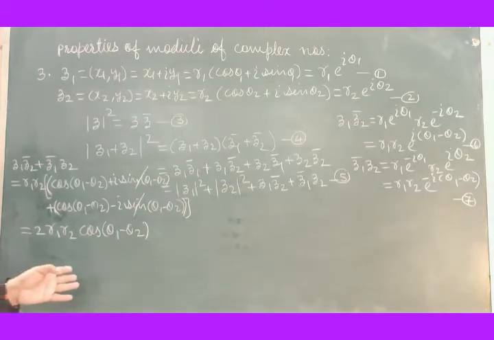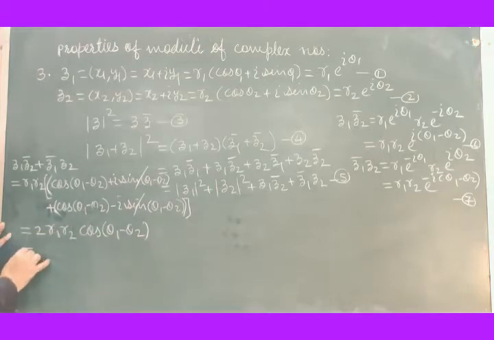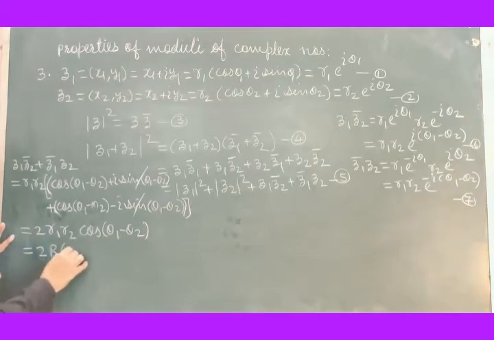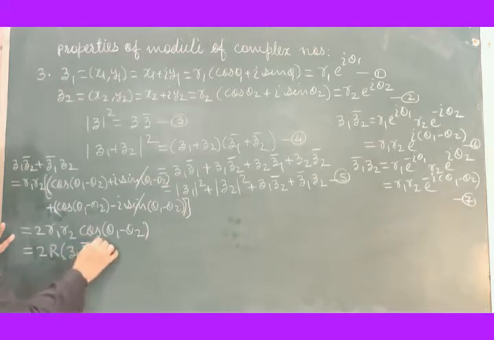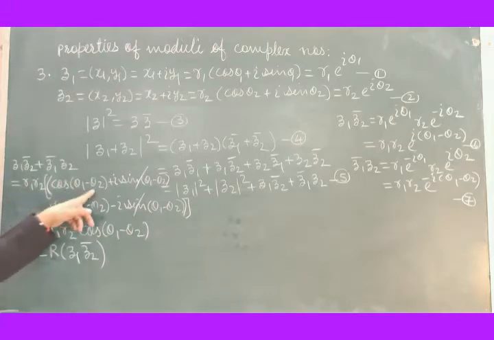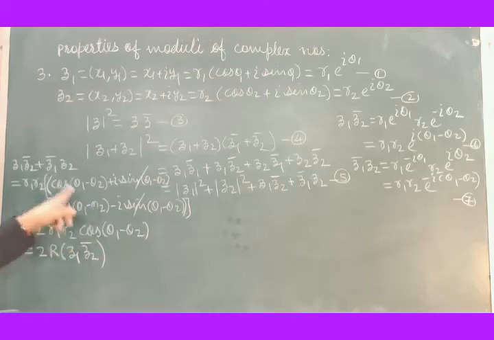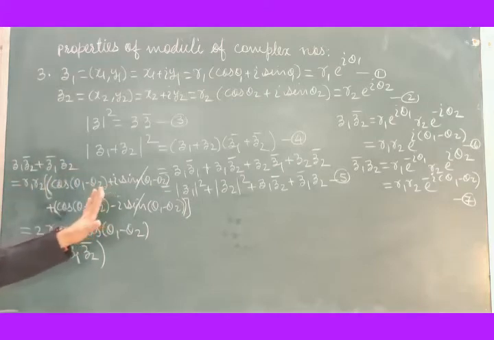It is just real part of product of the two complex numbers, and therefore what I can write here, 2 capital R of Z1 Z2 bar. R1 R2 cos theta 1 minus theta 2 for this, R1 R2 cos theta 1 minus theta 2 for this. So, this term and this term is identical for us according to this simplification.